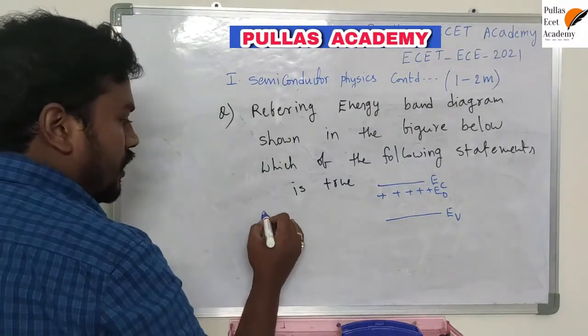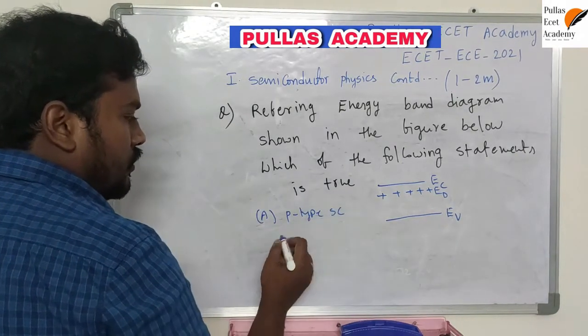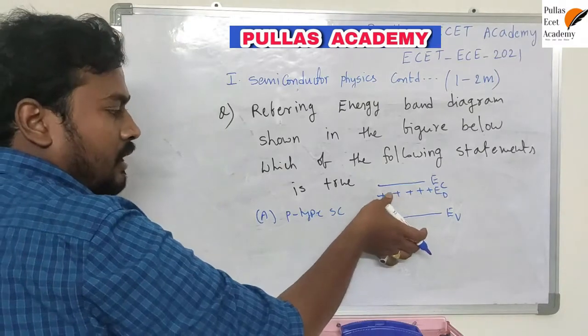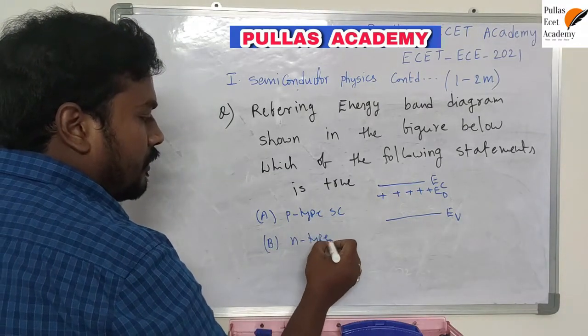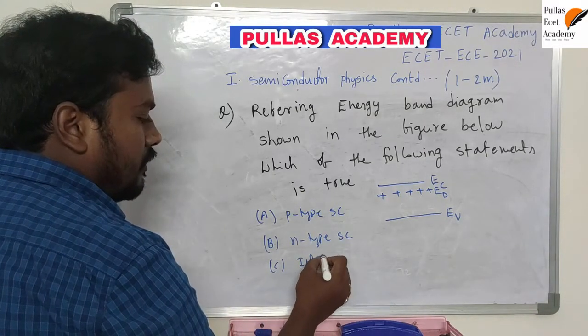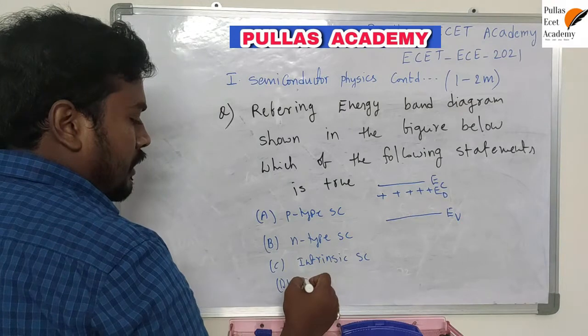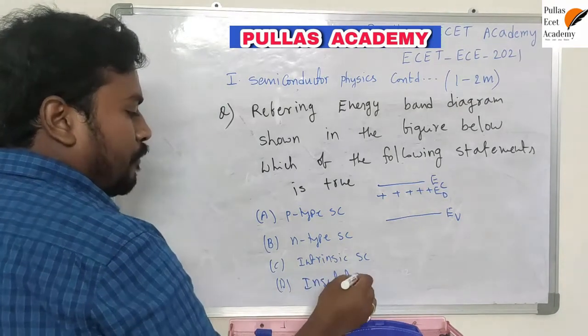So options are something like P-type semiconductor. So this energy band diagram. Next, N-type semiconductor. C is intrinsic semiconductor. Insulator. Okay.